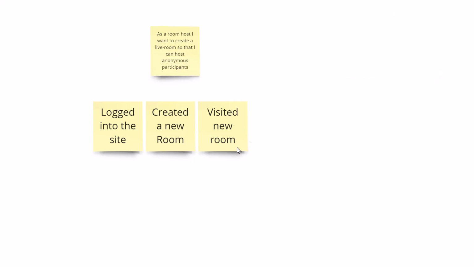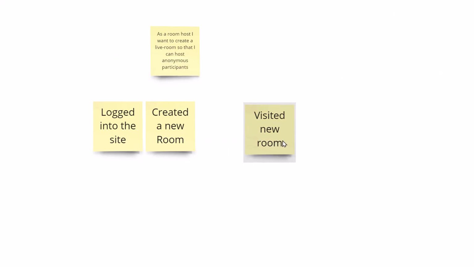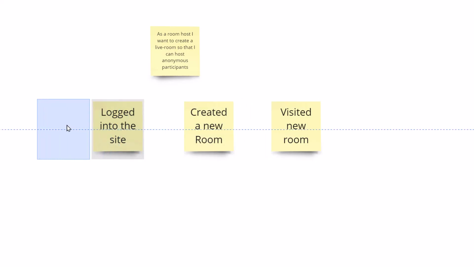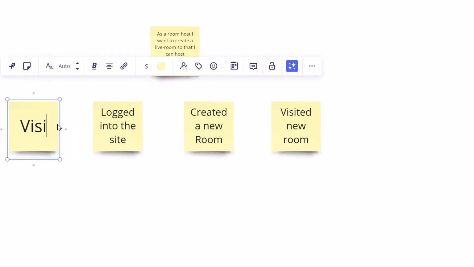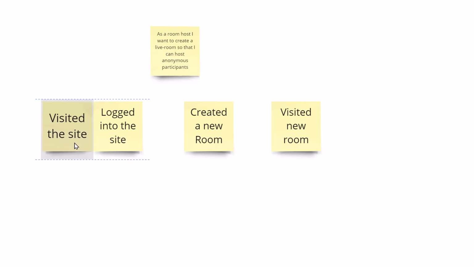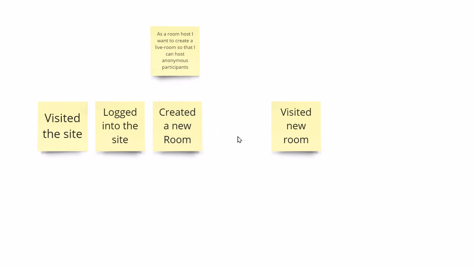So that's pretty big. I logged into the site, I created a new room, I visited a new room. There are some other things that we don't have yet. Visited the site. I'll just stay there for a minute. Yeah, okay, that's true. I did have to visit the site. Then I could log into the site. Then I was able to create a new room, and then I visited my room.